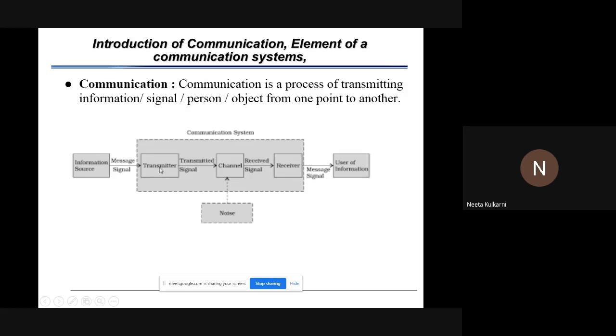If we are not using modulation, the output of the information source will be given directly to the channel. But as we are using modulation, a block which does the process of modulation will be included. So again, if we are doing modulation at the transmitter side, which block is required at the receiver?